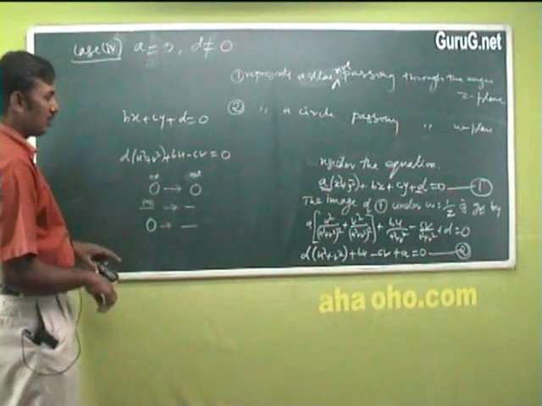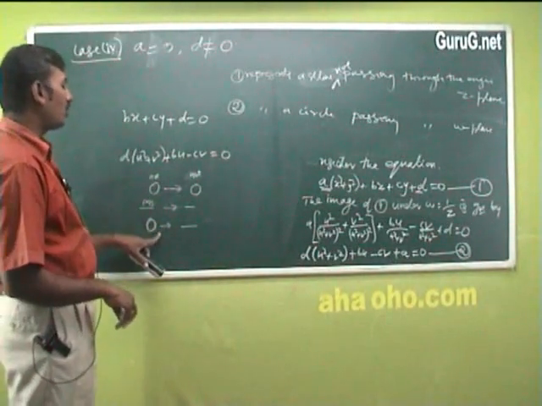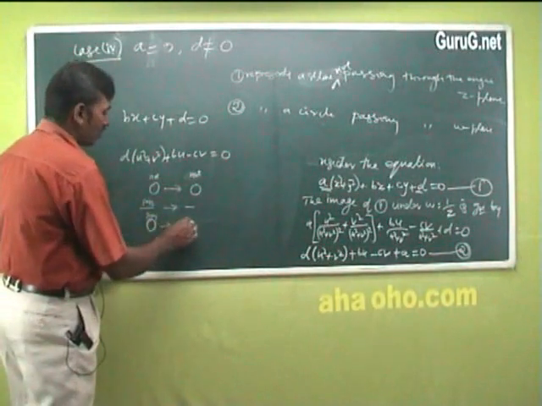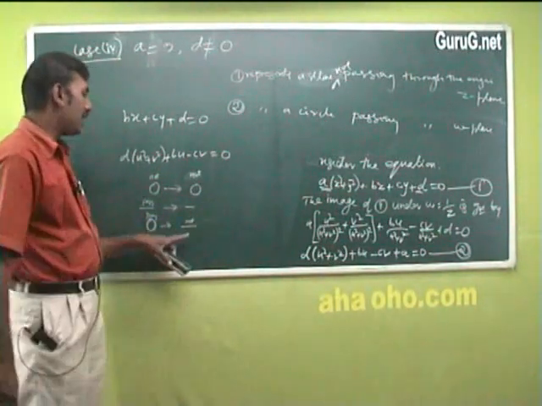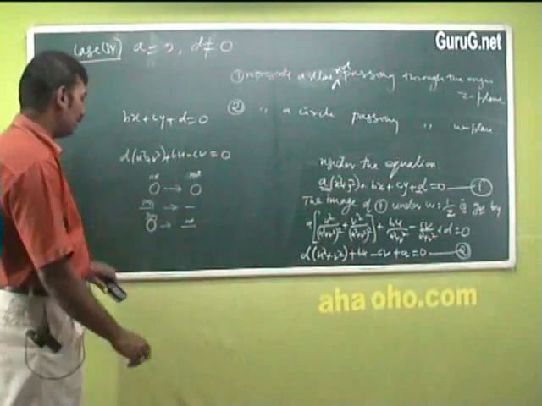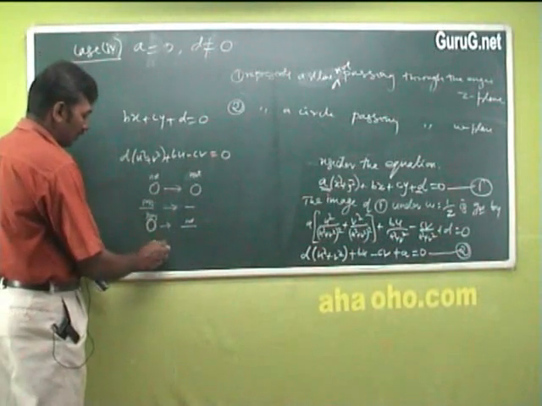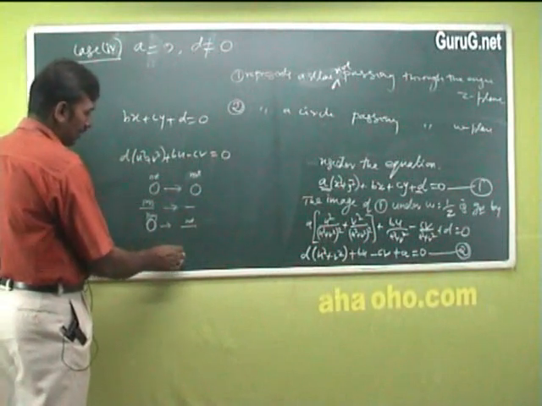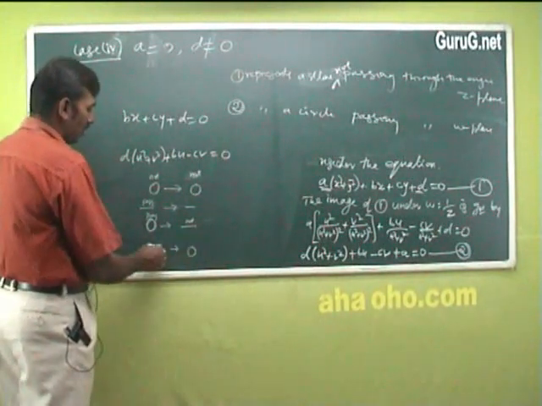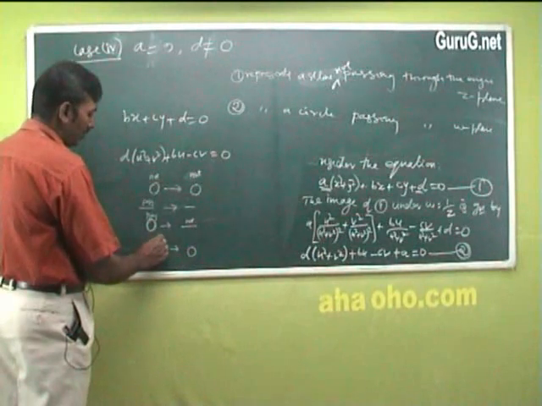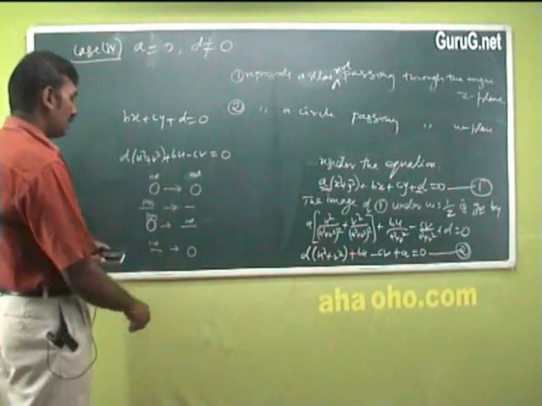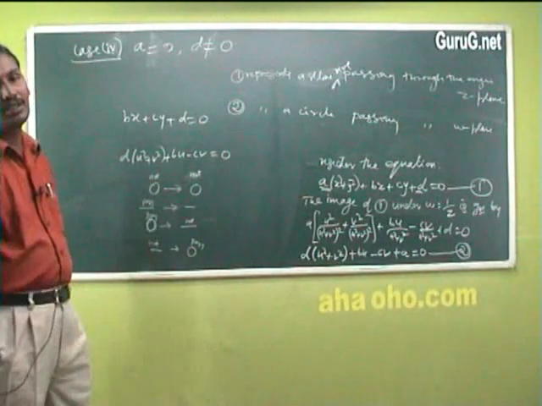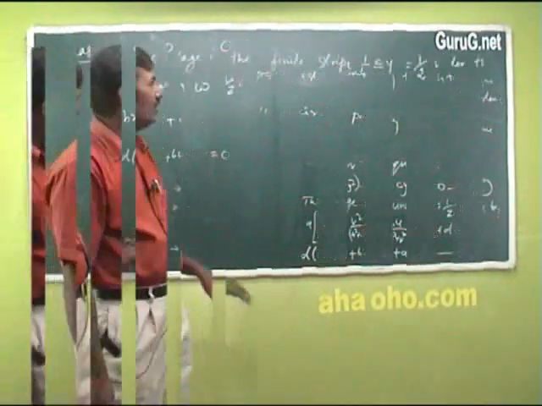The circles passing through the origin are transformed to a straight line not passing through the origin. Then a straight line not passing through the origin is transformed to a circle passing through the origin. So these are all the 4 cases, right?